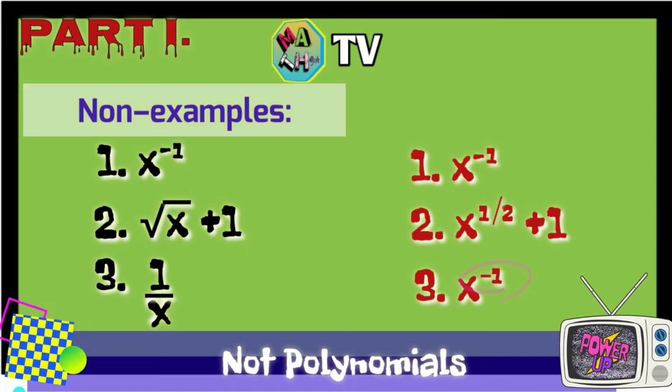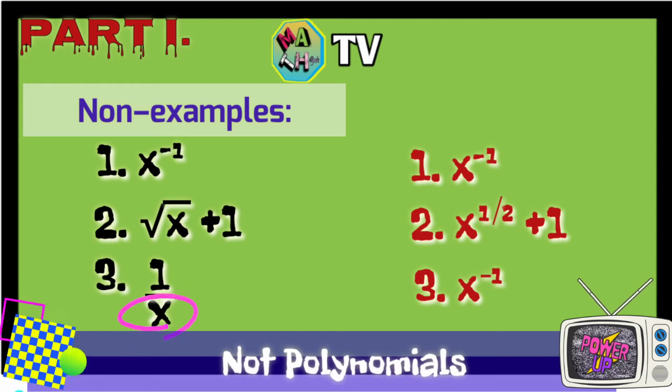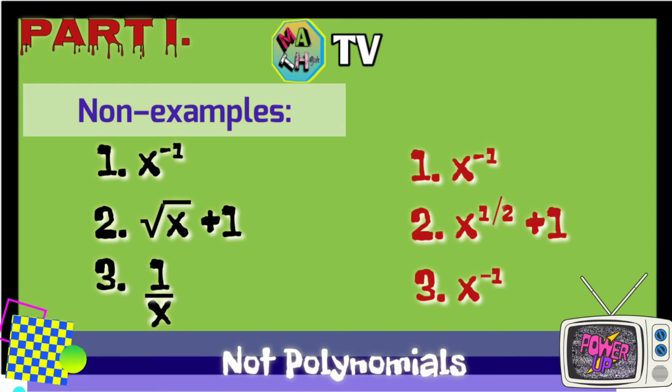So therefore, this is not a polynomial. So another rule is if there are any variables in the denominator of a fraction, then the algebraic expression is not a polynomial. So 1 over x is not a polynomial.